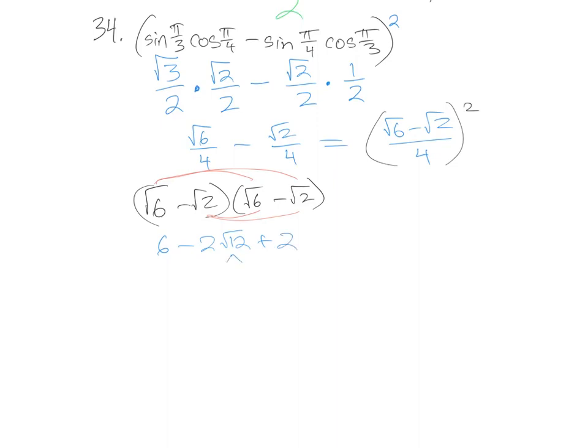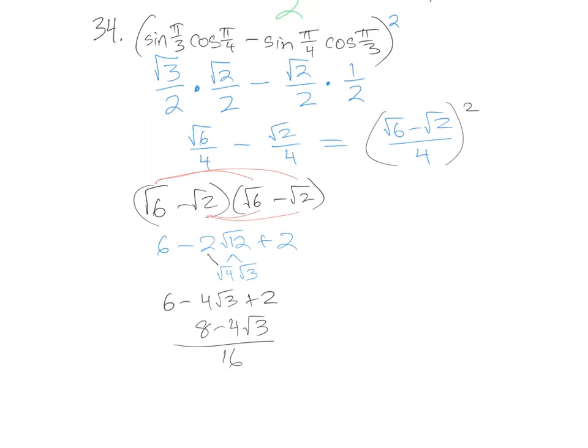That's good. So you got to break down that 12. Rewrite it. 6 minus, and you have this 2 times that 2, which is 4 square root of 3, plus 2. So now we have 8 minus 4 square root of 3. And again, this is all over 16.